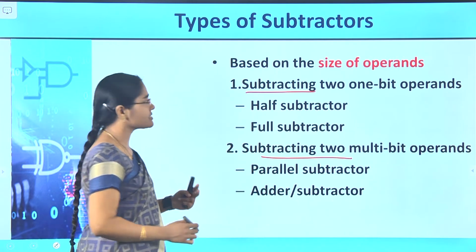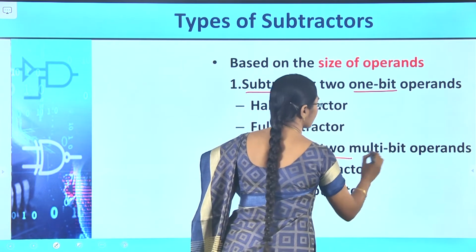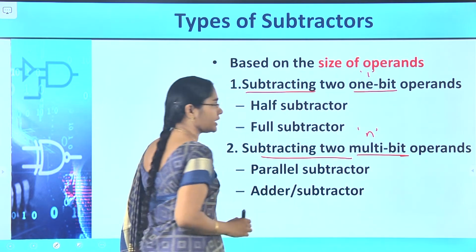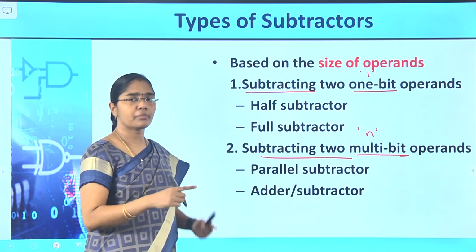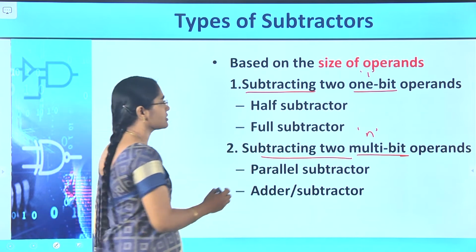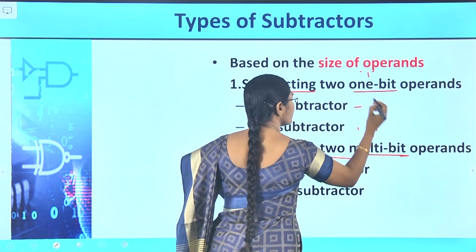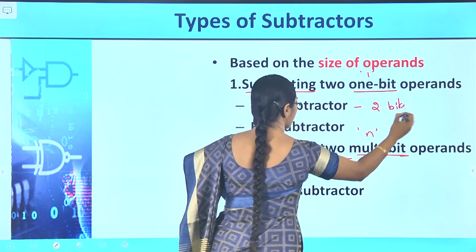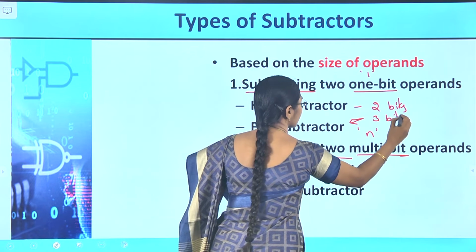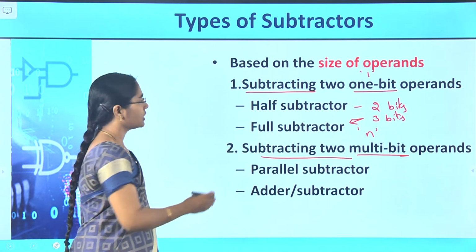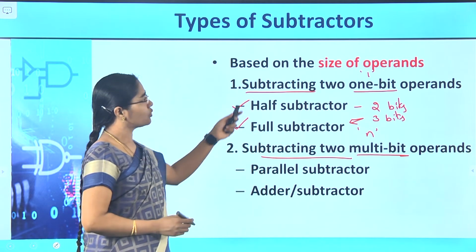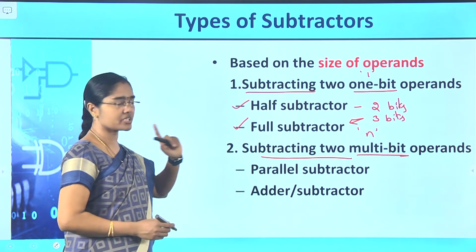That means 2 operands having 1 bit or 2 operands having n bits. If the operand is 1 bit, subtracting 2 digits or subtracting 3 digits. If 2 bits are subtracting, that is a half subtractor, or if 3 bits are subtracting, that is called a full subtractor. So half subtractor and full subtractor are the different types of subtractors when operands are of 1 bit size.